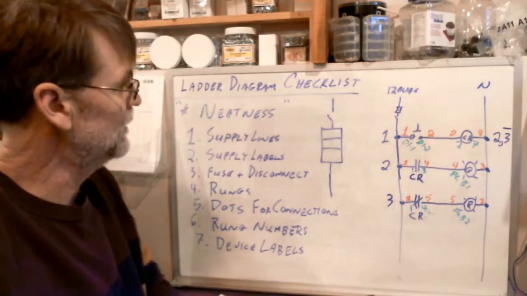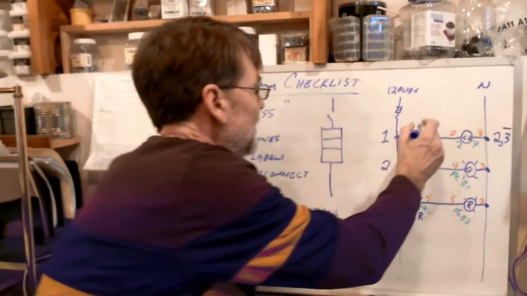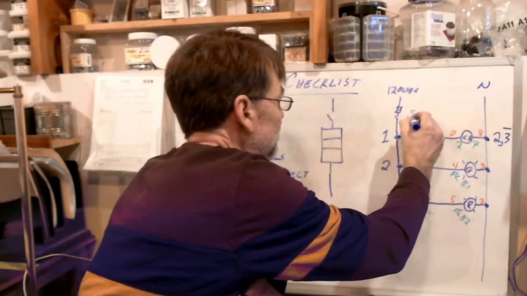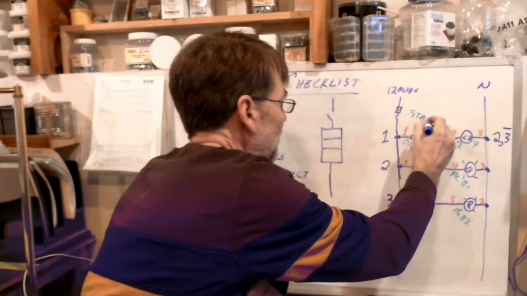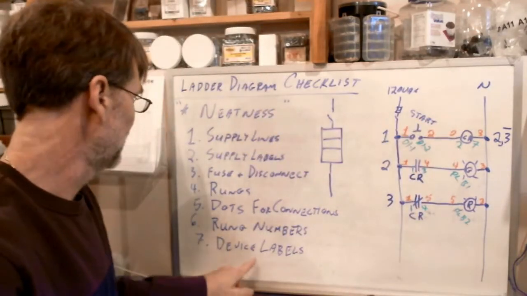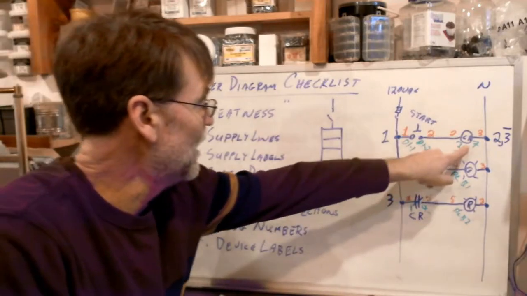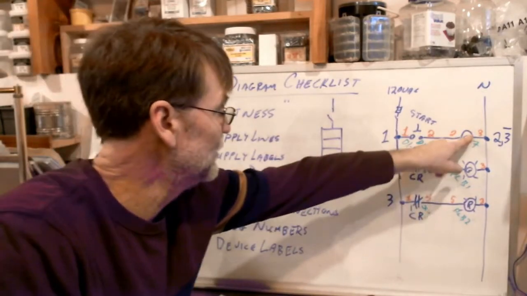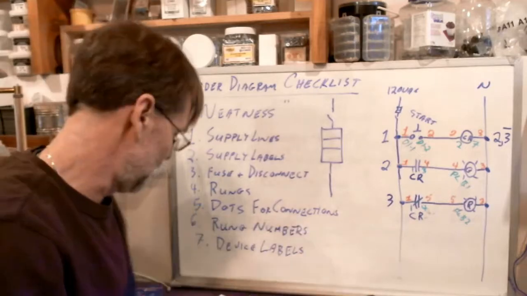Okay, the only device label I would suggest we forgot is we probably should have given this push button a label. Let's call it start. I don't know. Okay. But also things like the CR. Those are really important labels so we can do our cross-referencing in our diagram.